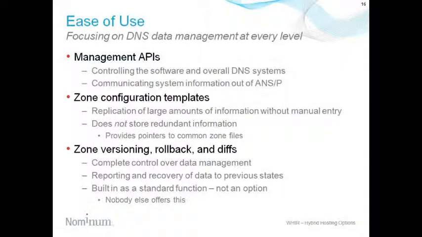So ease of use as well. In terms of ease of use, what you've got to have is a series of management APIs. You've got to be able to control the software over multiple DNS systems that may be in-network and that may be off-network. And of course, it would be great if these APIs were provided in a similar fashion, so that you weren't choosing two wholly separate communication paths.